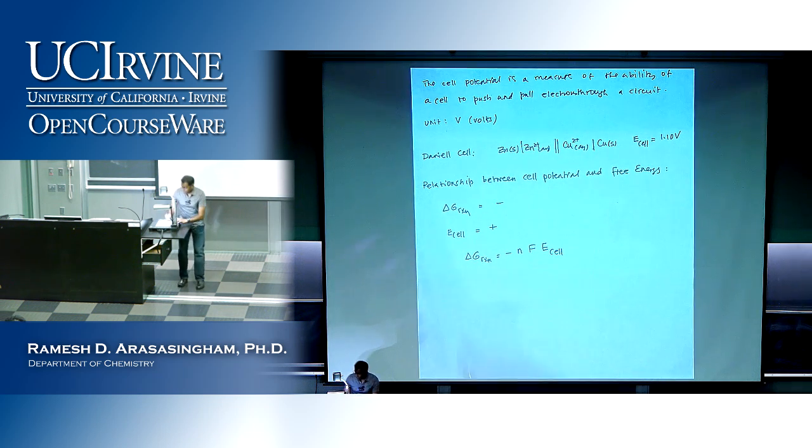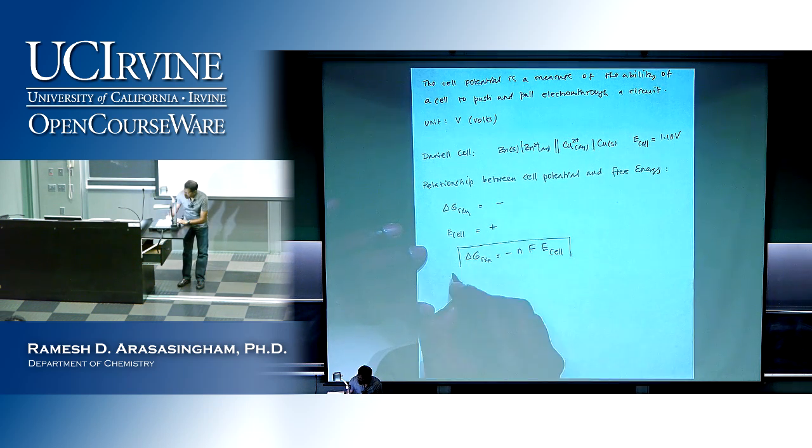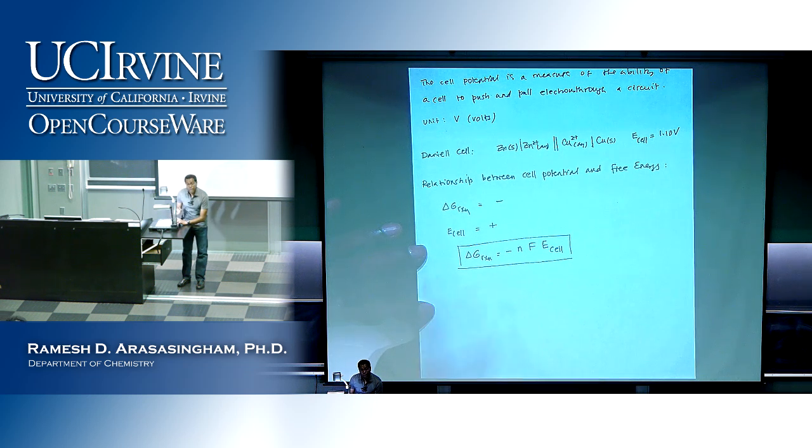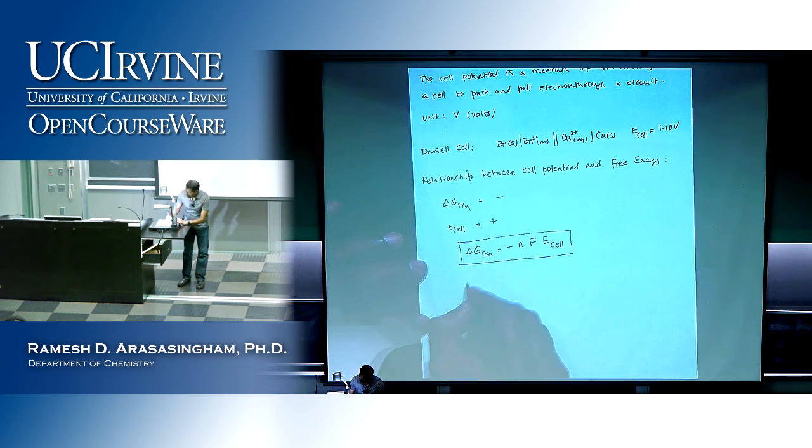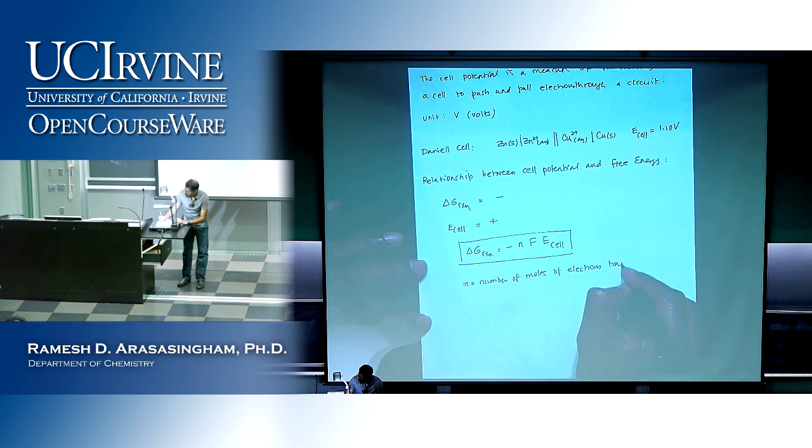Where delta G is the free energy of the reaction, n is the number of moles of electrons transferred in the reaction as given by the balanced equation.